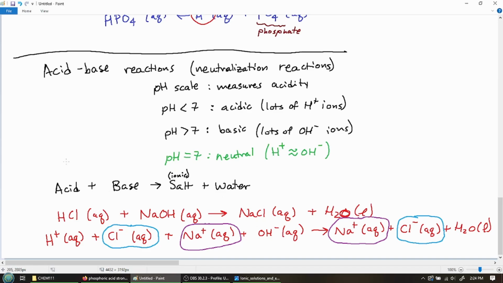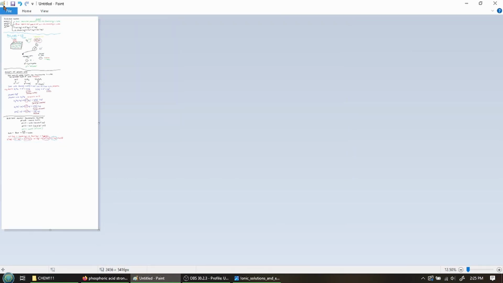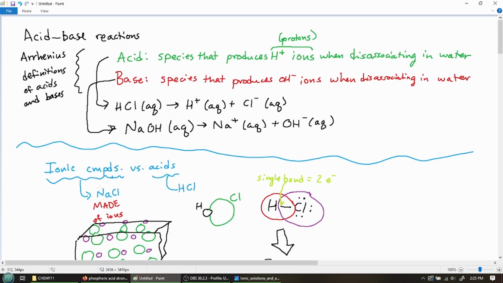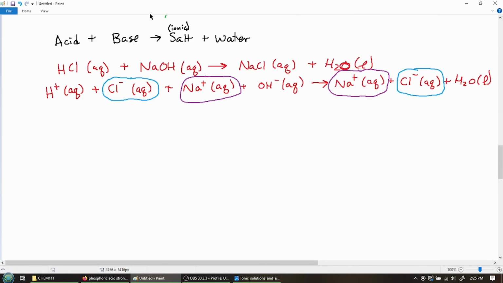So what we're left with overall, we could take out these species that are repeated. We could take out the species that are repeated here. And what we'd be left with is only those things that truly changed form between the beginning and the end.